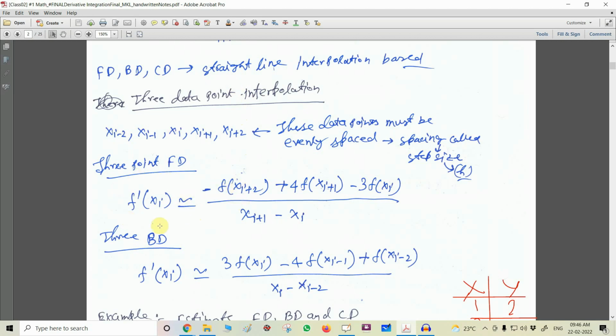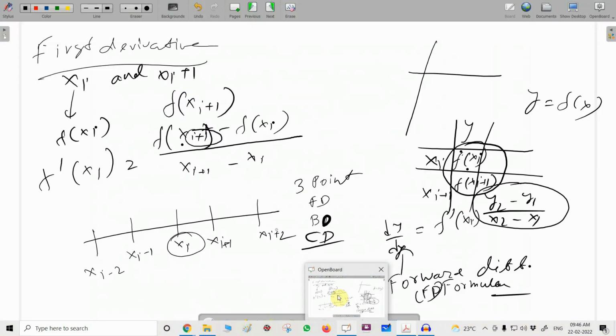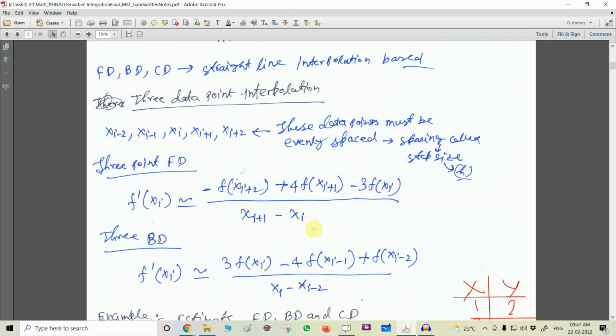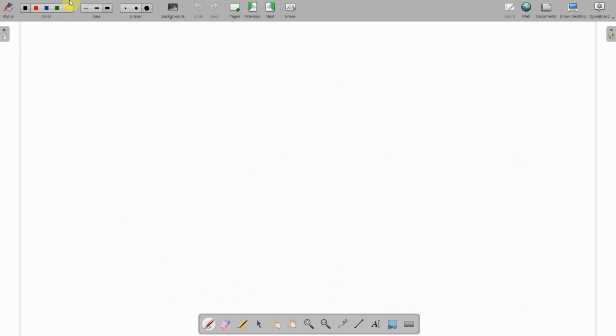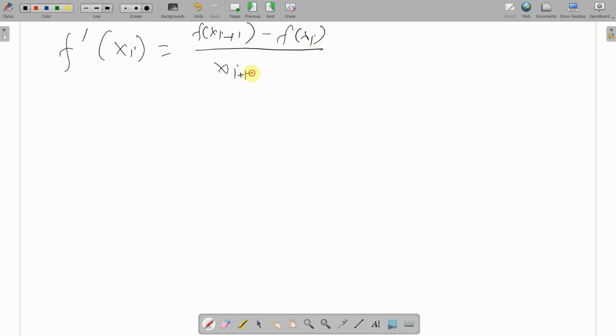Now the question is where you are getting these 3-point formulas from. Let me give you a brief idea. I'm not much interested in discussing this, but let me give you a hint. What you know so far is that f dash xi equals f(xi plus 1) minus f(xi) by xi plus 1 minus xi.